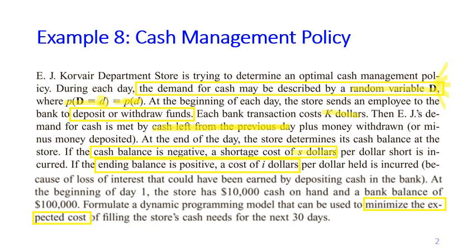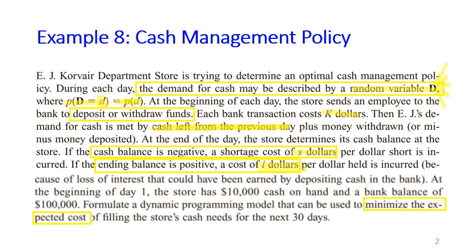However, if it's the other way, the ending balance is positive, which means that the money you provided at the beginning of the day exceeds the amount needed for business that day, then you incur a cost of I dollars. You can think of this as similar to the holding cost, like you have an excess of inventory at the end of the day.